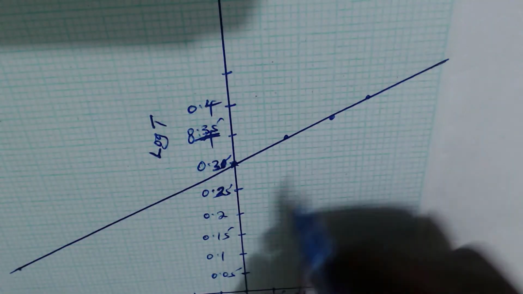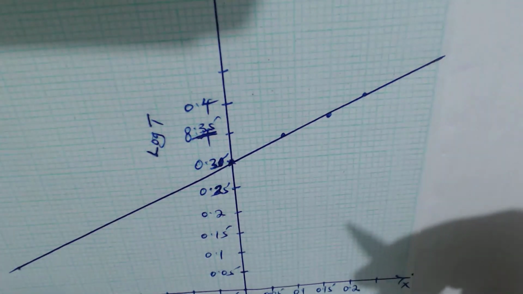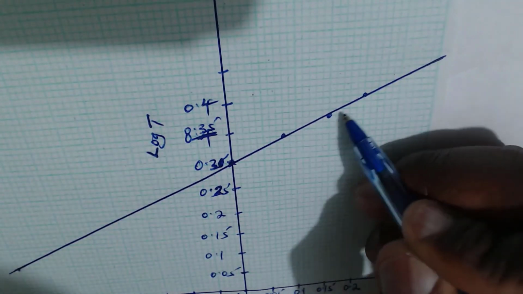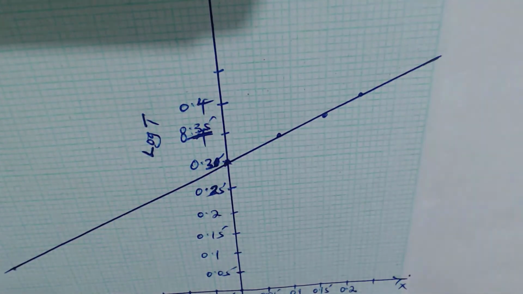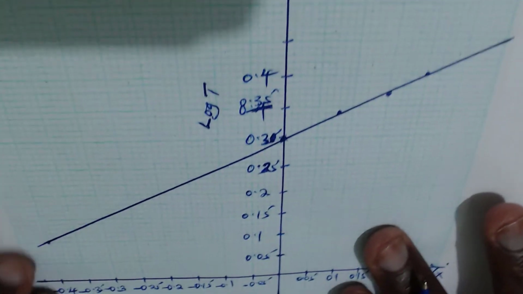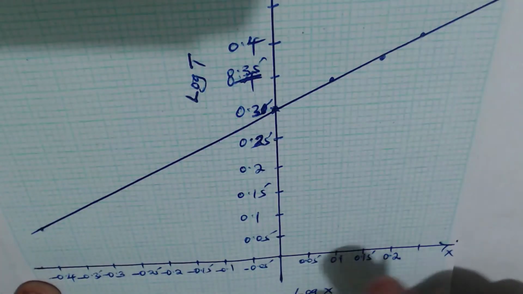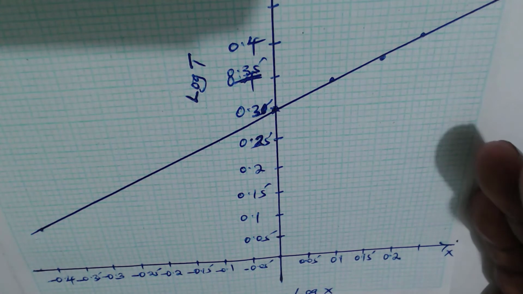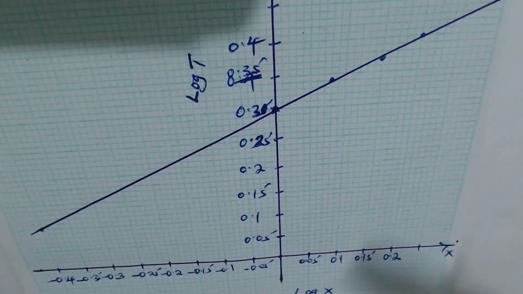Very few points are not exactly lying on that line, just 2. So that is what we call the line of best fit, the line in which most of the points that you have plotted are lying.